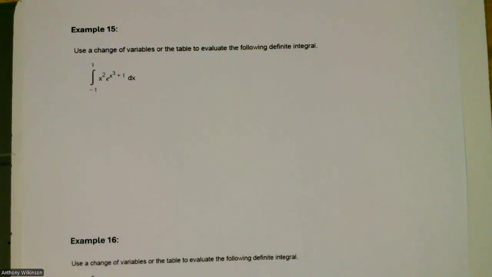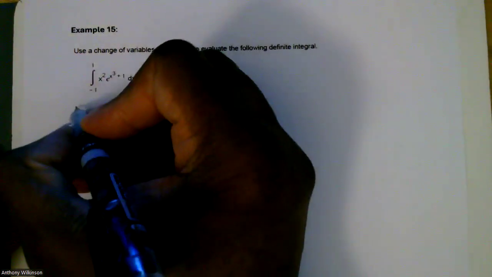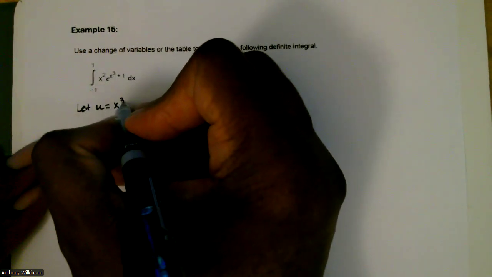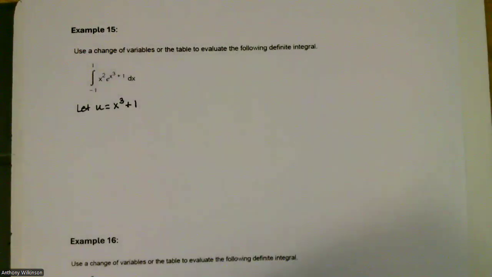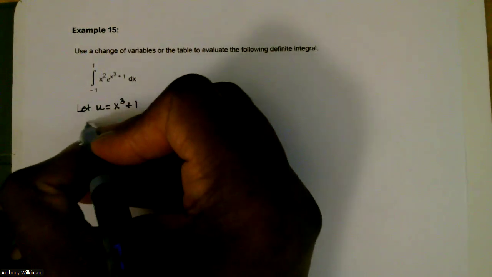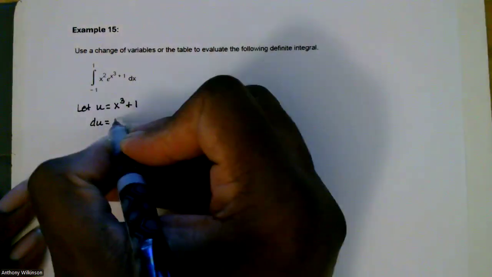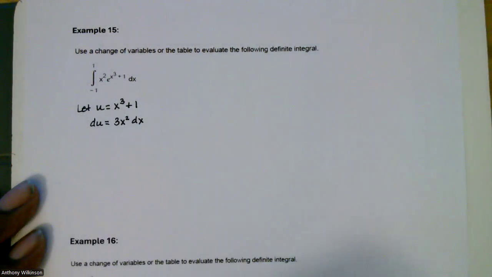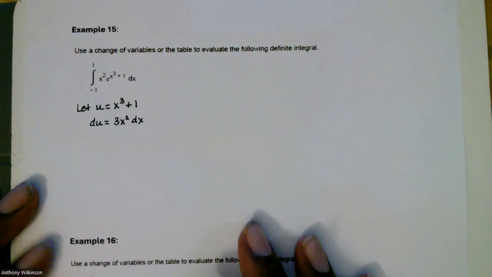Well, I got the e to the x cubed plus 1, so let's use that x cubed plus 1 as u. So I'm going to let u equal x cubed plus 1. So that means du would be 3x squared dx.